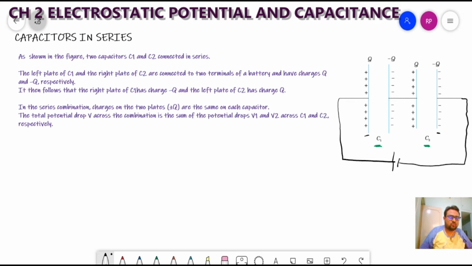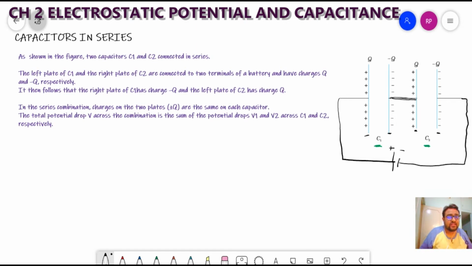Now see here. This means that the right plate of C1 and the left plate of C2 are connected here. This is series connection.